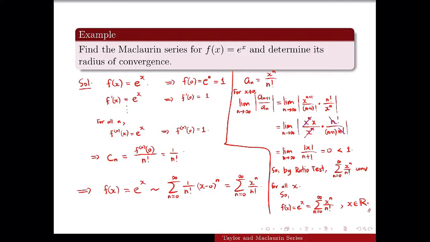So this is the Taylor or the Maclaurin series representation of e to the x. Also, the radius of convergence is infinity.